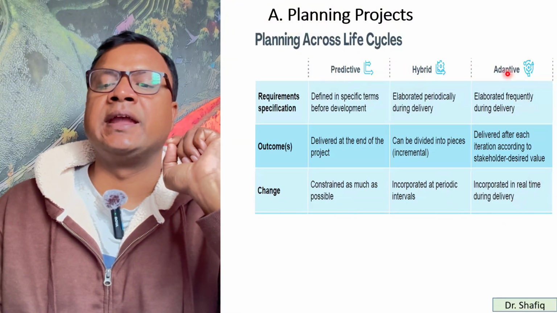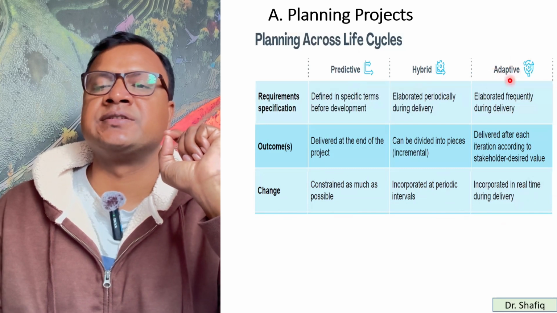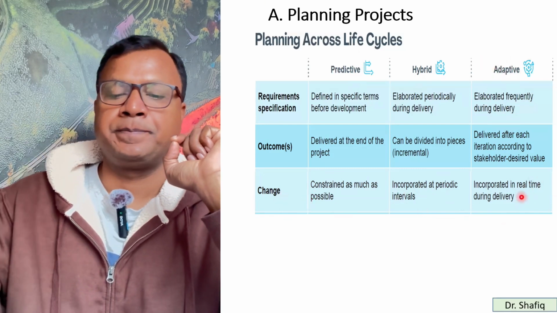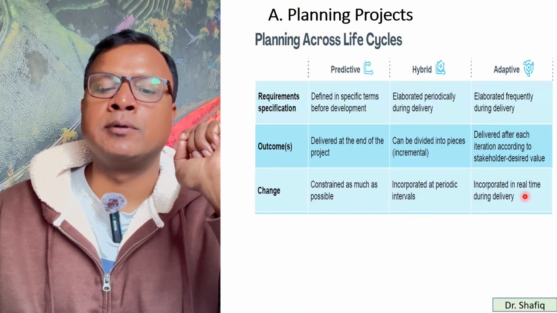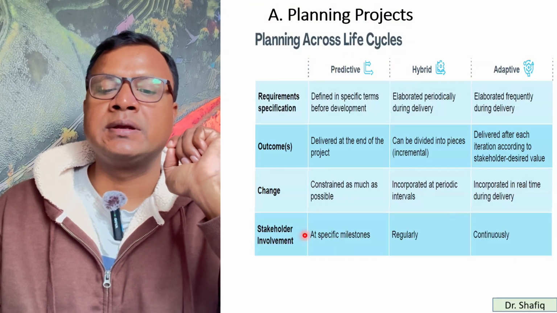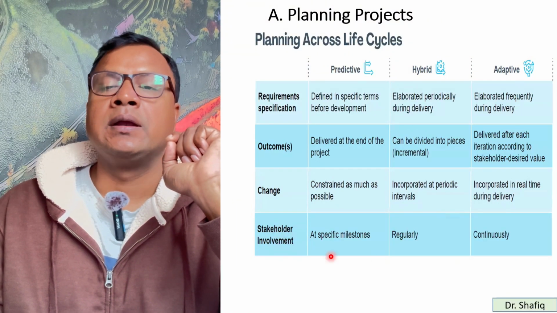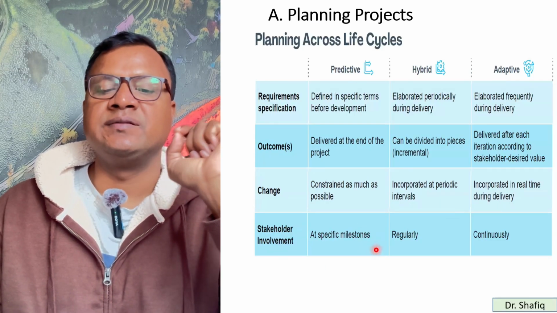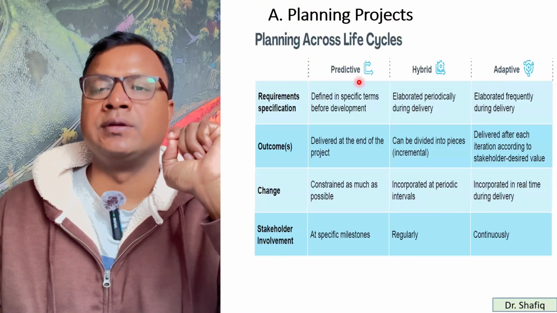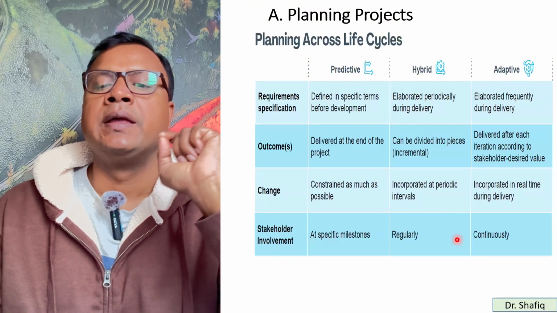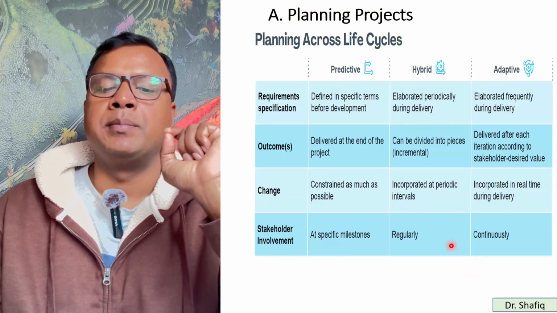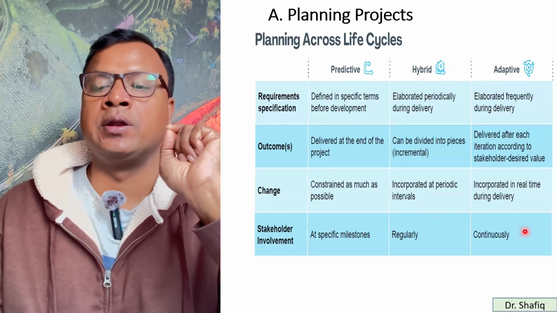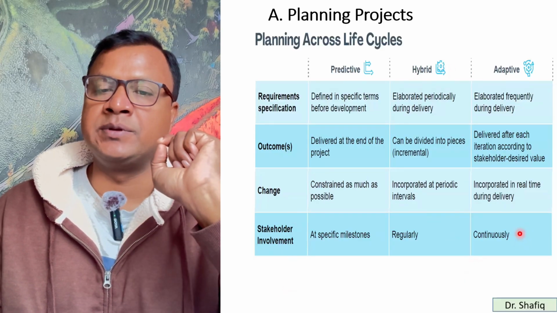Adaptive means they accept and embrace the changes regularly, anytime, anywhere, in any process. And for stakeholder involvement, if the stakeholder involvement is at specific milestones, then it is predictive. If the stakeholder involvement is regular, at certain intervals, then it is called hybrid. But if the stakeholder involvement is continuous, anytime, anywhere, then it's adaptive.